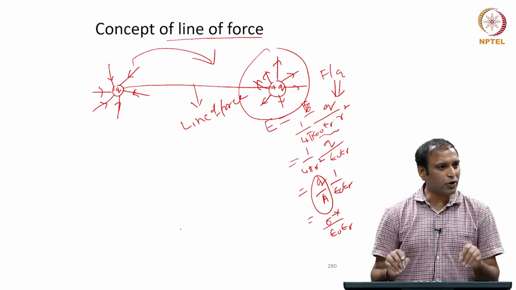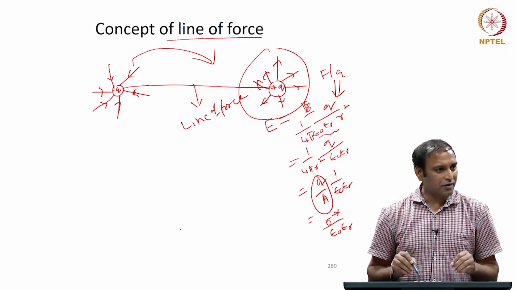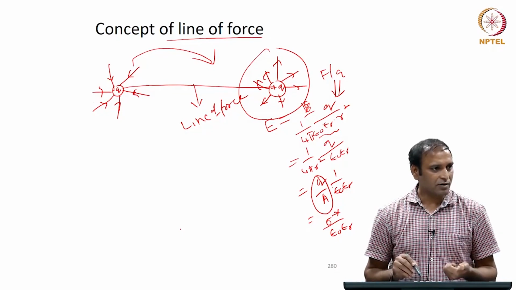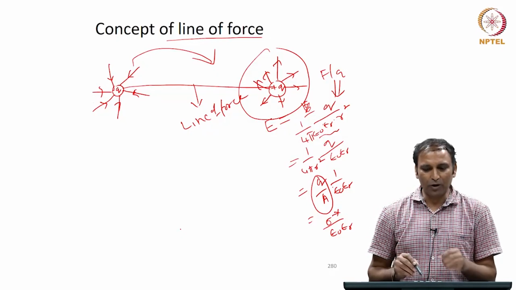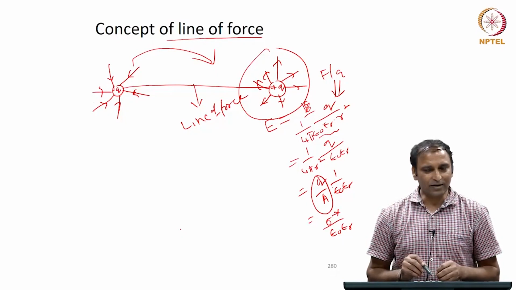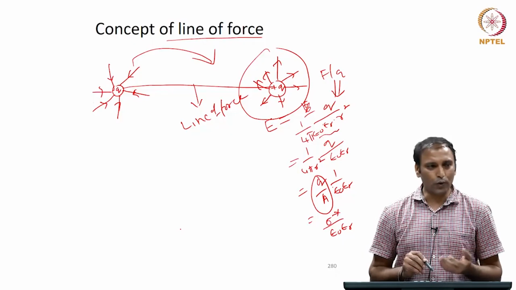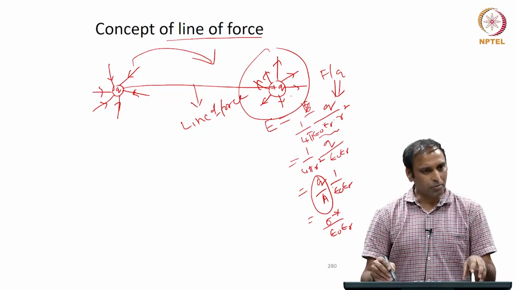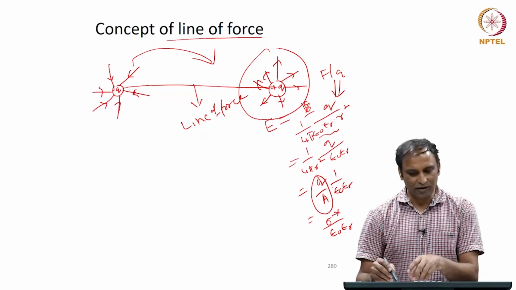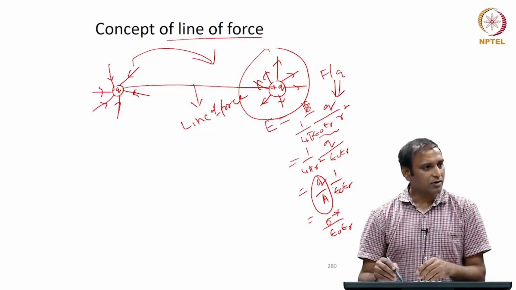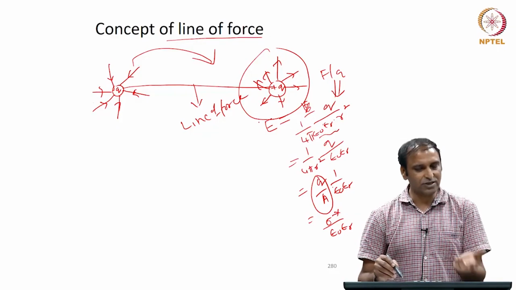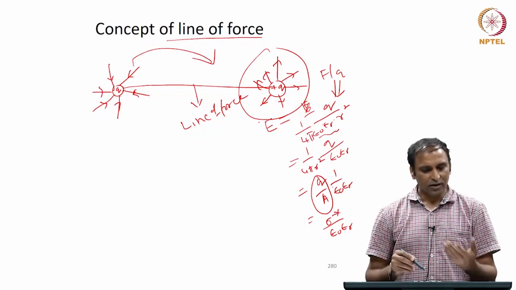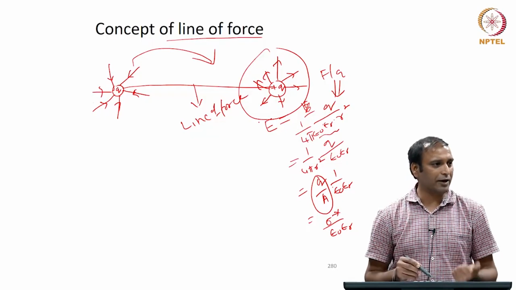Depending upon the number of charges you have, there are going to be so many lines of force. You can think about a line of force as an imaginary line over which a test charge, brought into the vicinity of a positive or a negative charge, experiences a force. Depending upon the polarity of the charge, this force can be either attractive or repulsive.